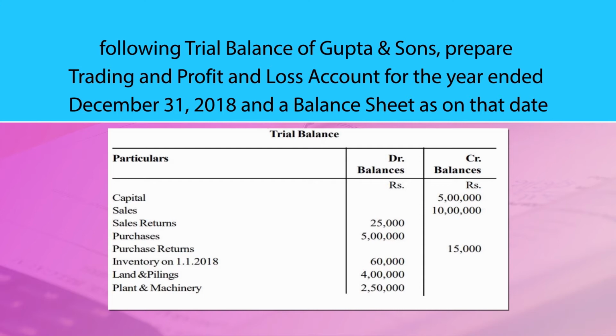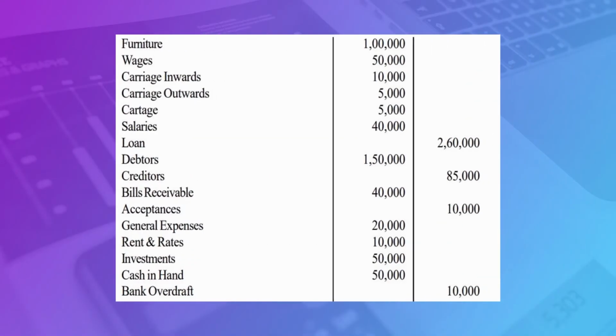Then the opening stock, an asset, is a debit balance of 60,000. Land and building is 4 lakh. Then plant and machinery is rupees 2.5 lakh, that is 2 lakh 50,000. Then furniture is rupees 1 lakh, wages 50,000.